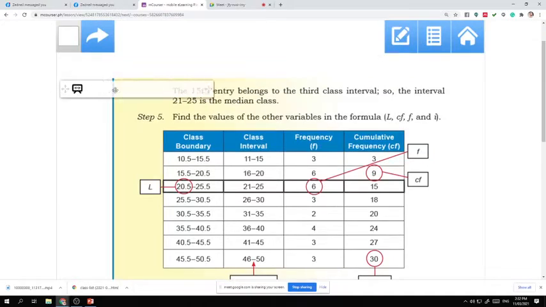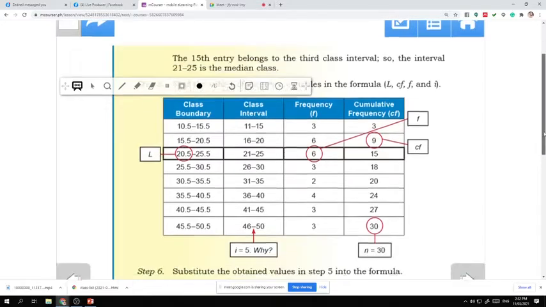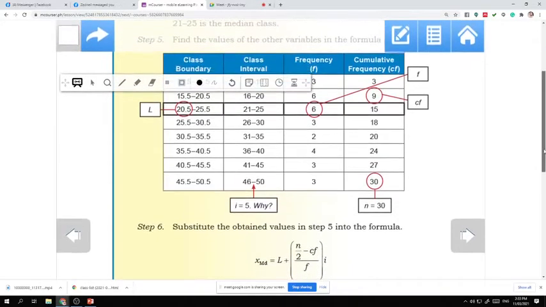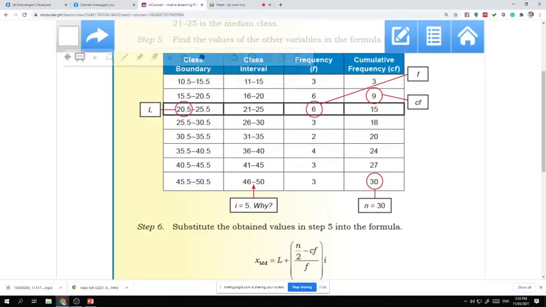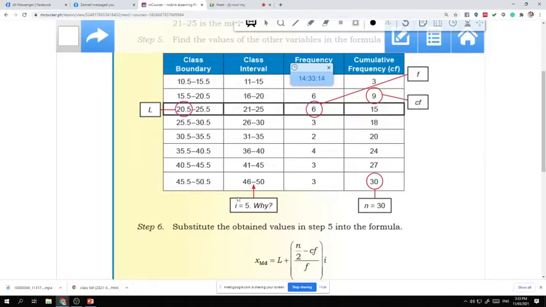So we have, let's use black. Oh, the formula is this. This is our formula. Okay? Let's have our formula.